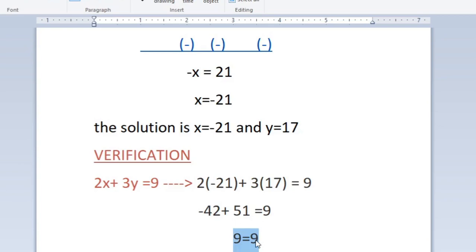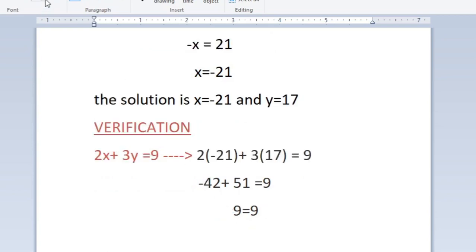So you have to verify the second equation also. If it satisfies the second equation also, then only we can conclude our solution is the right one. So go for verification for the second equation. The second equation is 3x plus 4y is equal to 5. Then you have to substitute the values of x and y.